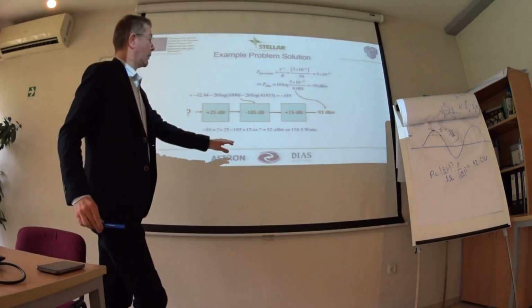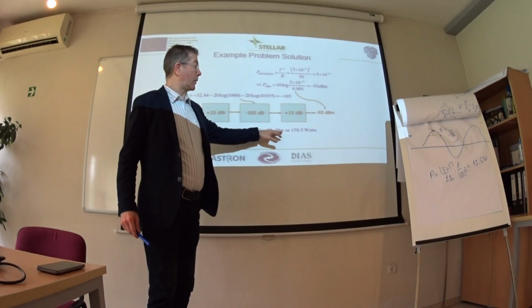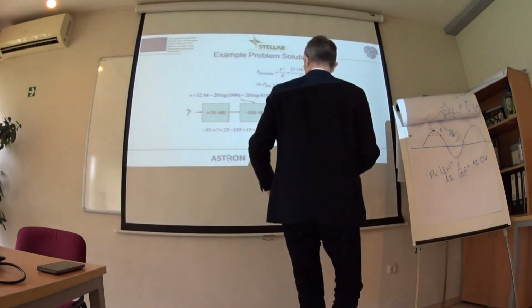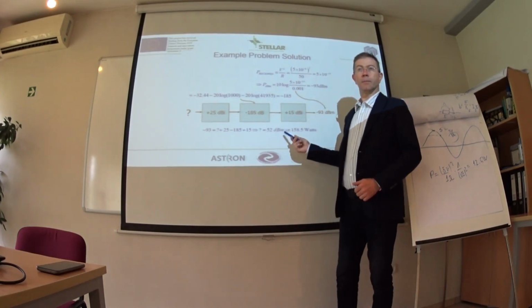You get minus 52 dBm, and you can convert easily to milliwatts because the difference between dBm and dBwatt is 30 decibels.